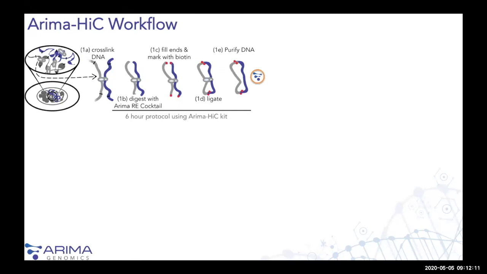Now, really to get into the nuts and bolts of the workflow, if you're familiar with, let's say, ChIP-seq, Hi-C starts in a very similar fashion. You start with your fixed cellular input here, and then while the chromatin is held fixed within the nucleus, there are really 3 key enzymatic steps that are carried out. First, we digest the chromatin with a cocktail of restriction enzymes.